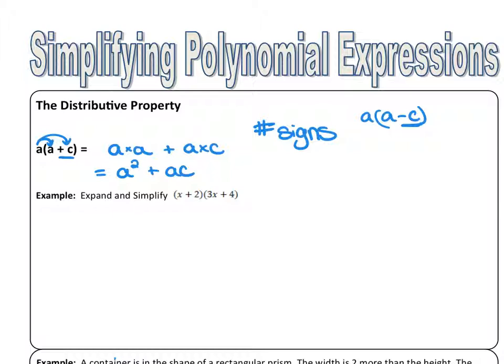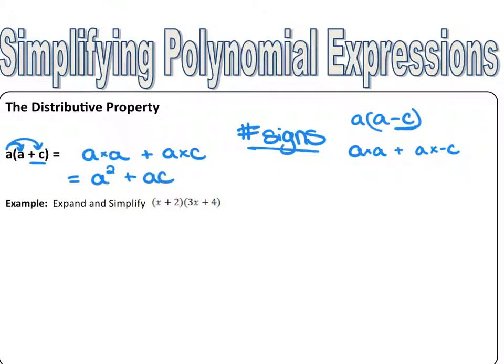So in this case, it would be a times a plus a times negative c. So be careful with the pluses and the minus signs, and that you're following them through, because that's where most people make really tiny mistakes, and it ends up ruining the whole question, which I don't want to happen with you guys. So please pay attention to the signs.